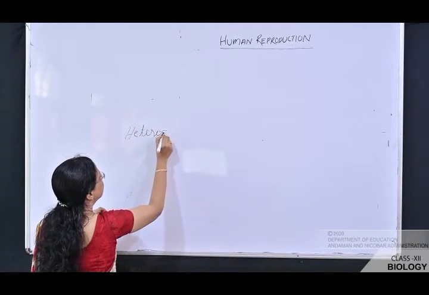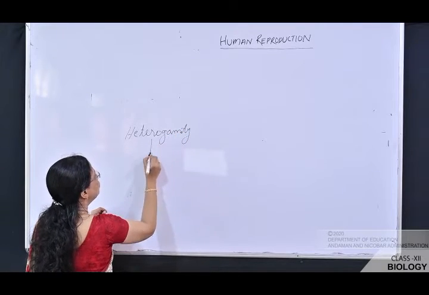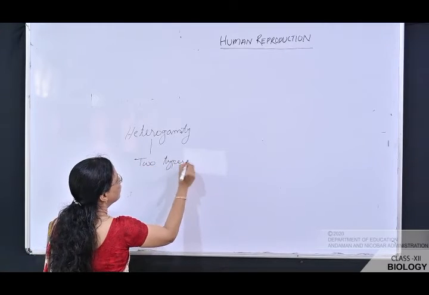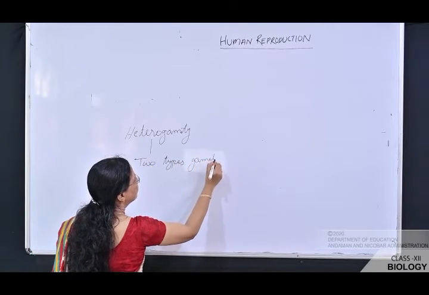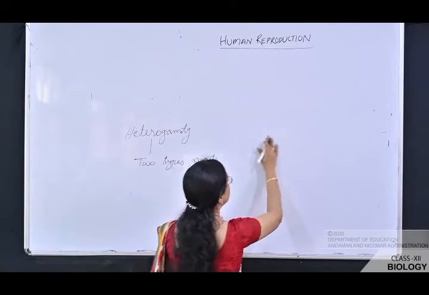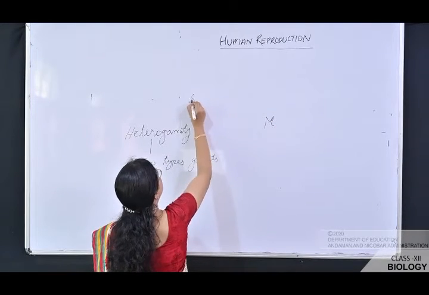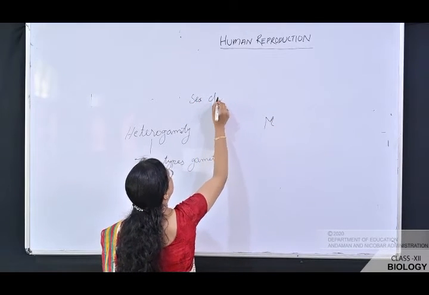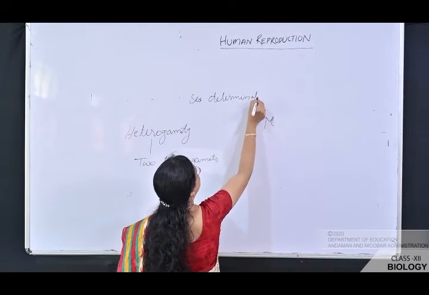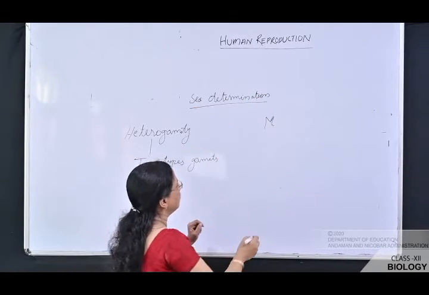Heterogamety means the male can produce two types of gametes. But females are homogametic. So males are responsible for the determination of sex. So sex determination is due to the male.